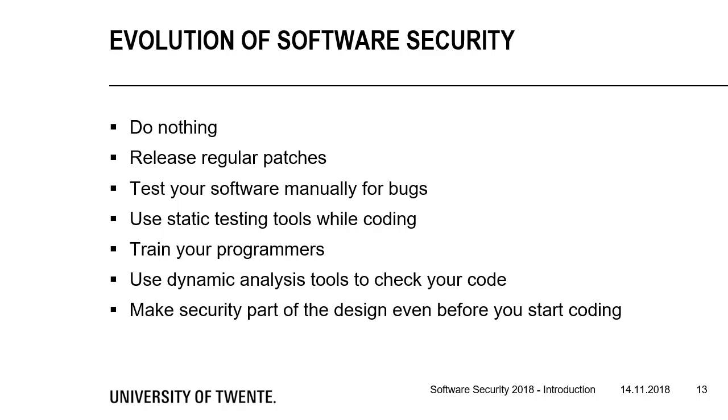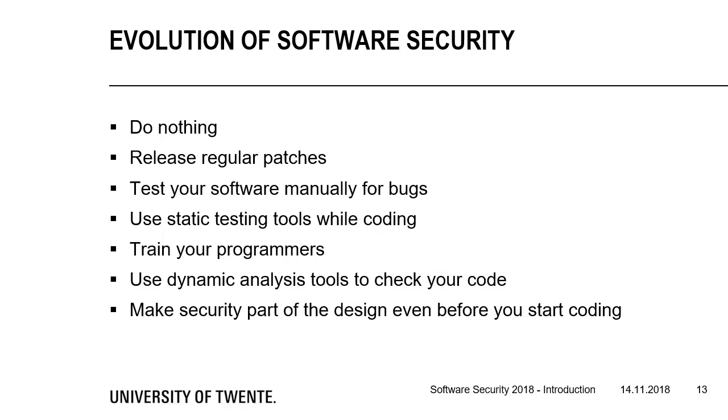And by the way, nowadays effectively a compiler is some kind of very weak static analysis tool. So very often a modern compiler, at least a modern C compiler, will try to check your software, and it will try to report things that could be a problem.